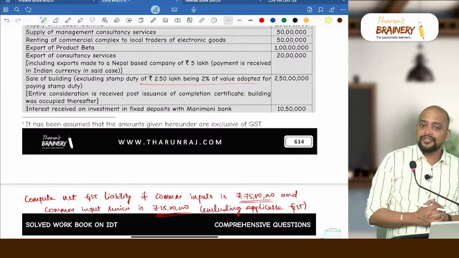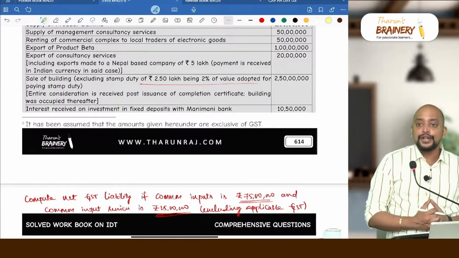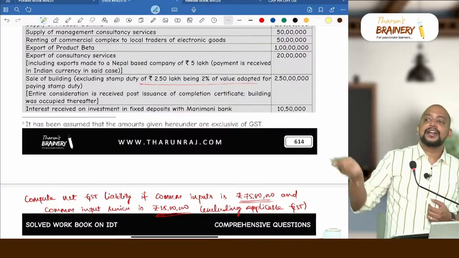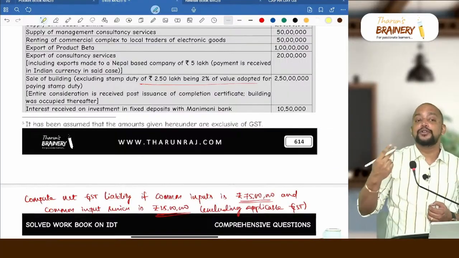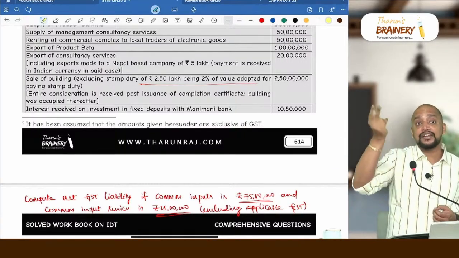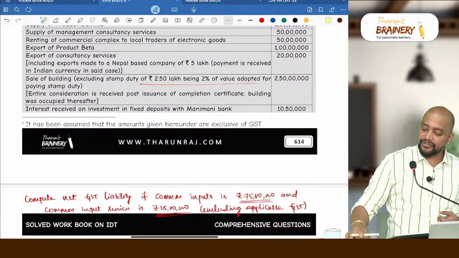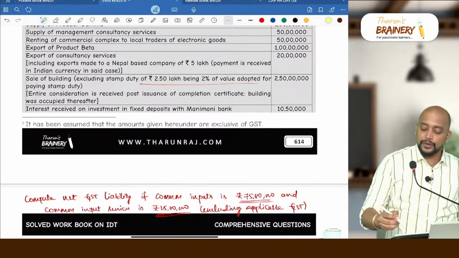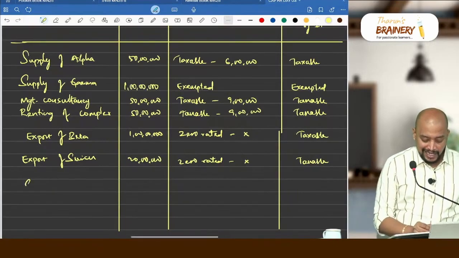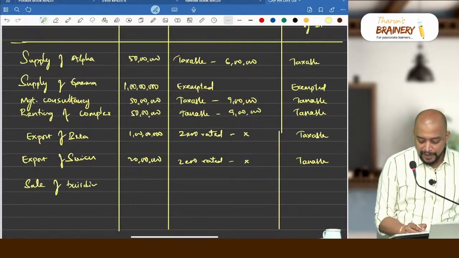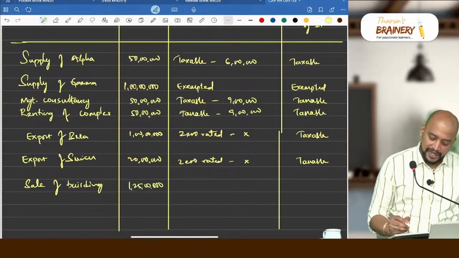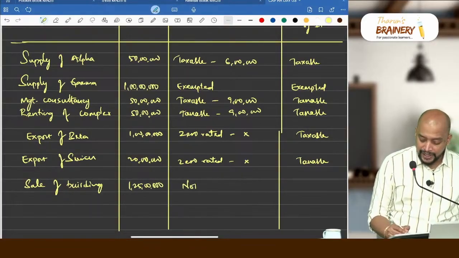What is the stamp duty value here? 2 crore 50 lakhs is not the stamp duty value. 2,50,000 is 2%, so which means 100% is how much? 2,50,000 is stamp duty, so we need the stamp duty value. Therefore 2,50,000 divided by 0.02 will be 1 crore 25 lakhs, which will be taken as the sale of building value, and it is not a supply.